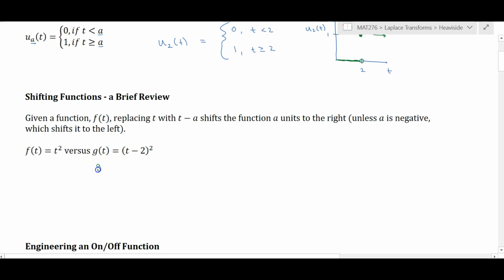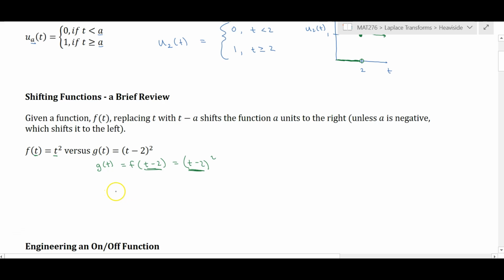So notice that g of t is simply the function f with t minus 2 inserted for t, right? So here, notice that t appears here and t appears here. In f of t minus 2, notice that our input is t minus 2, and so all we're doing is replacing the input with t minus 2.